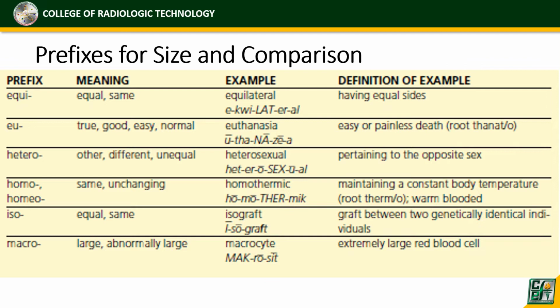Then we have macro. Macro means large or abnormally large. Macrocyte means extremely large red blood cells. Then we have the prefixes mega and megalo, both meaning large or abnormally large.